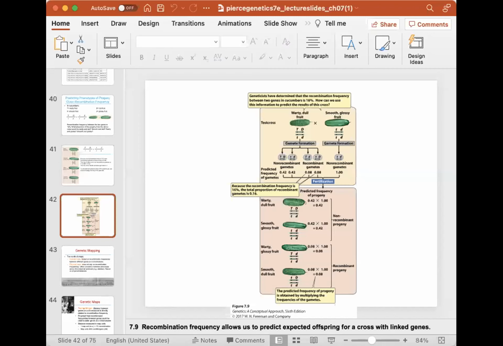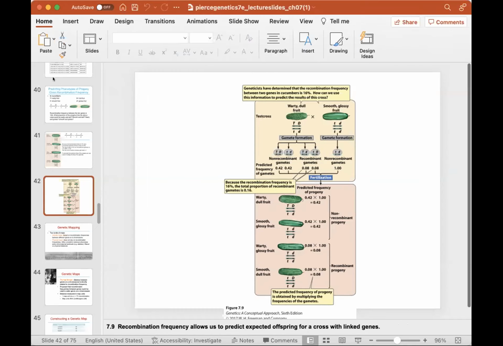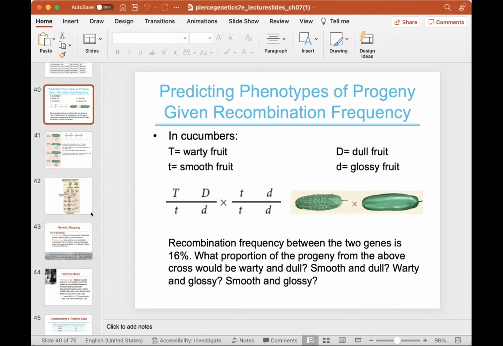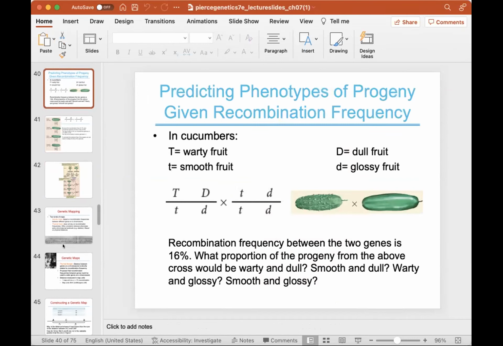Okay, cool. Casey, is this the slide that you were referring to? Yeah, that's right, but it is also 2 slides previous. So slide 40 is where I'm at. Did you want us to just go over it again, or was there something specific you wanted to talk about from the cucumbers?